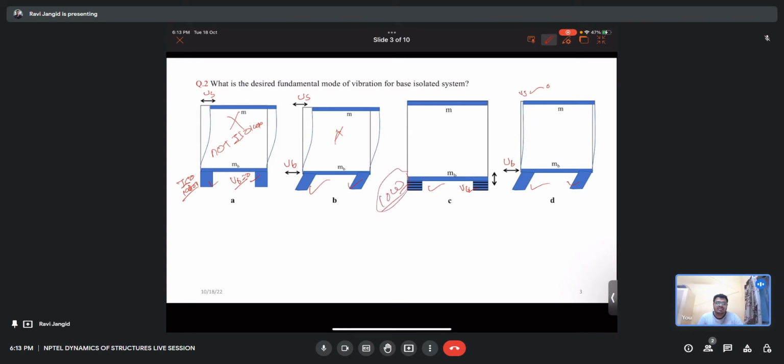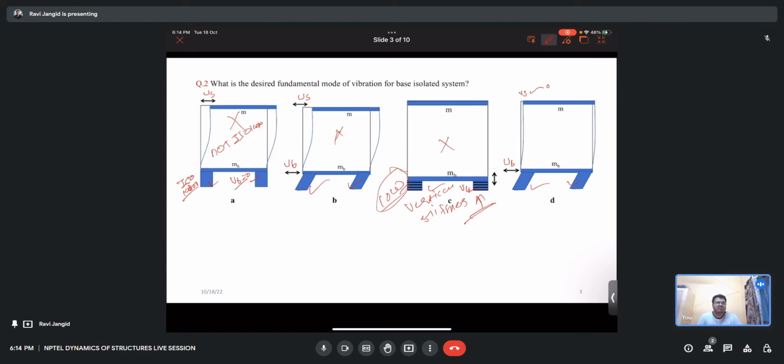But for the isolator case, our vertical stiffness is very high compared to horizontal. Horizontal stiffness is very low as compared to the superstructure. So this is actually not an isolated mode.